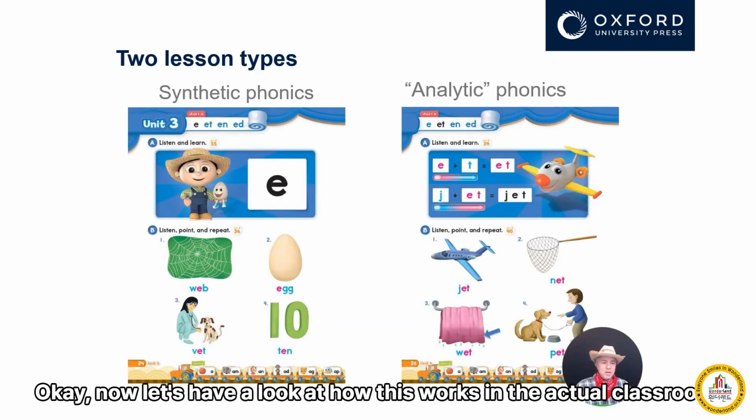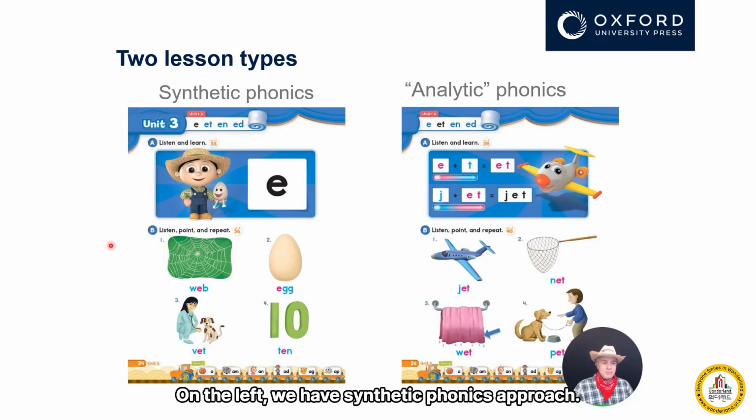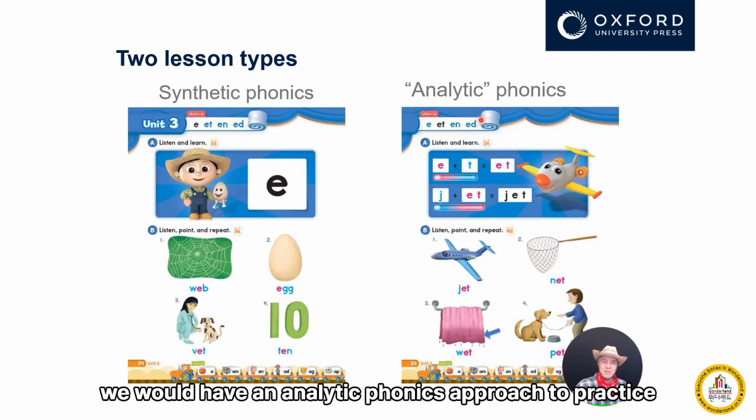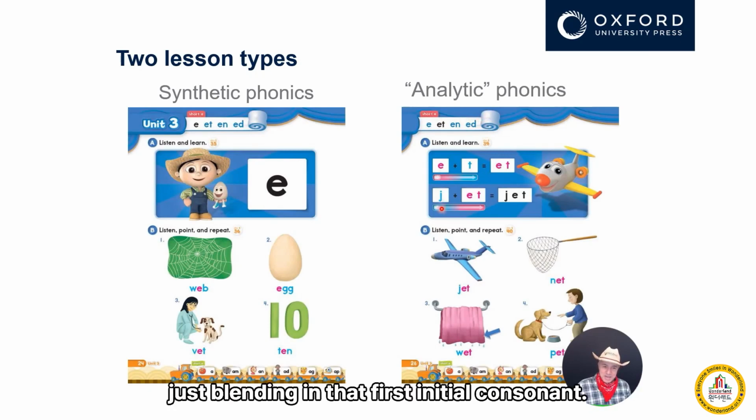Okay, now let's have a look at how this works in the actual classroom. Right, so on the left we have a synthetic phonics approach. This is what we did earlier. So we have web, egg, vet, and ten. And in the next section of this unit, we would have an analytic phonics approach to practice just blending in that first initial consonant.